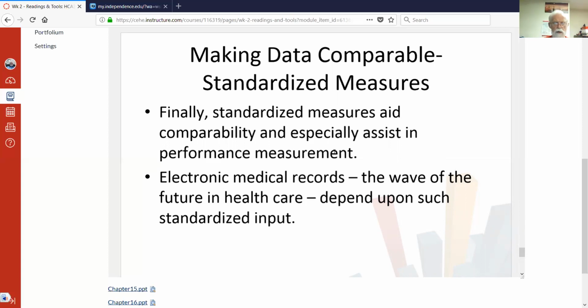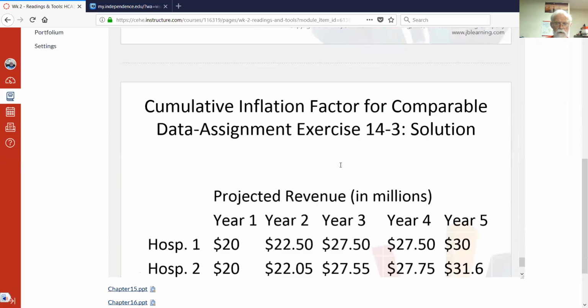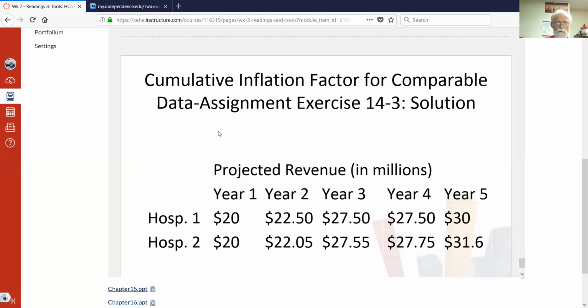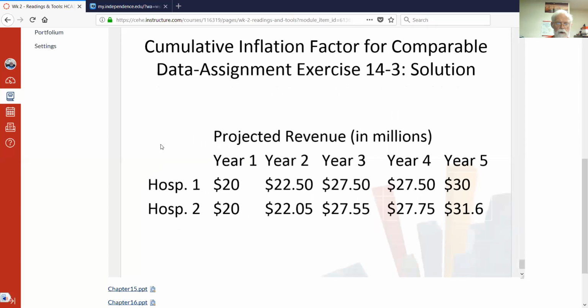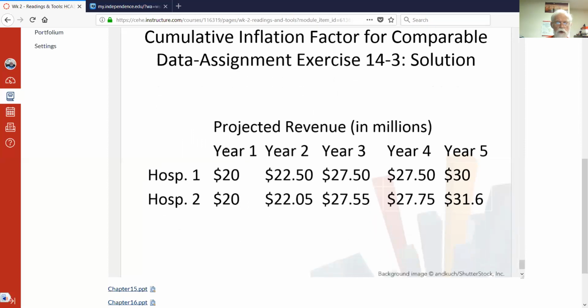And it's not just the wave of the future in healthcare, it's now. This book obviously was written before all the EMR stuff became mandatory. So using these inflation factors, we look at our projected revenue as well, and it depends on the hospital location in this particular case, or the facility location.